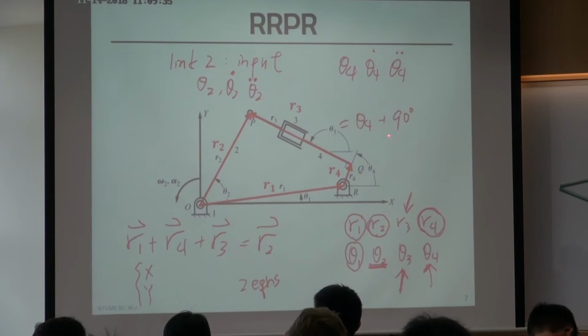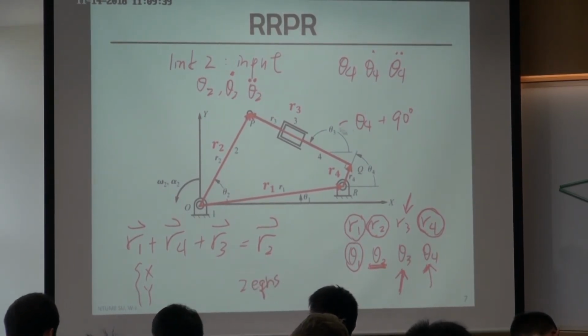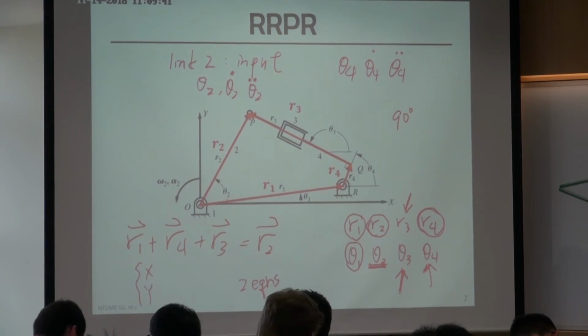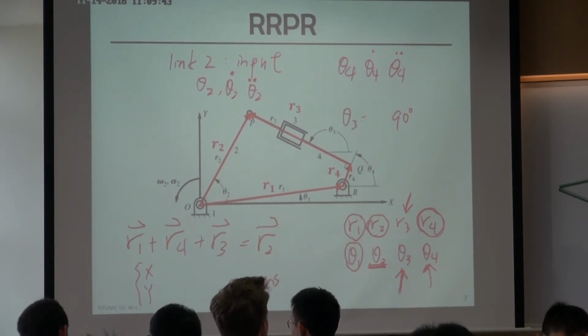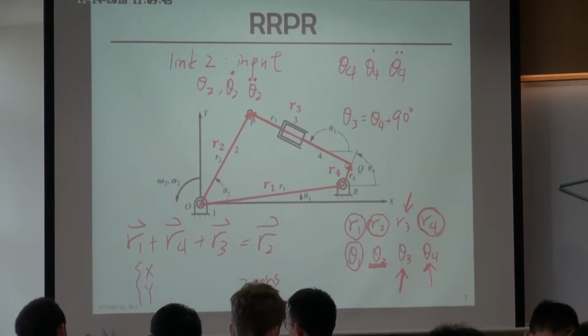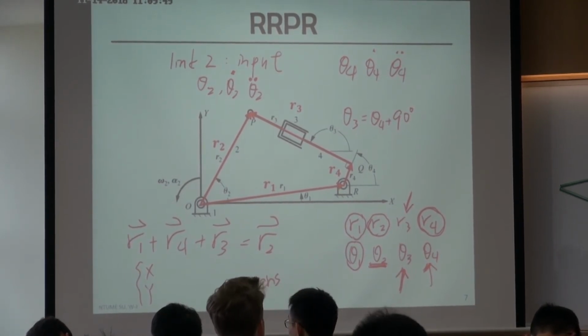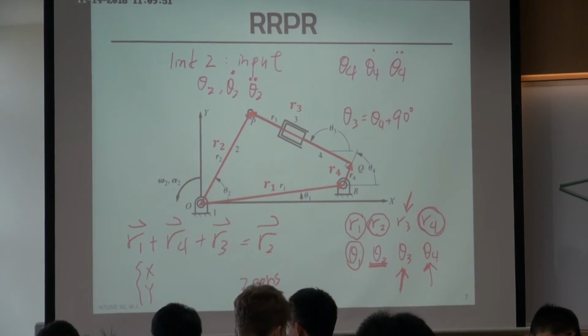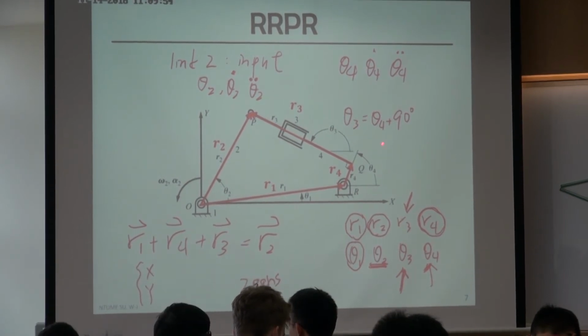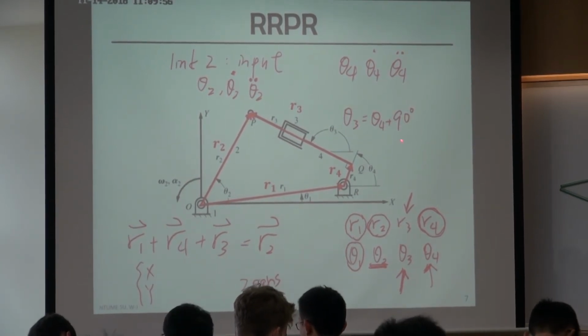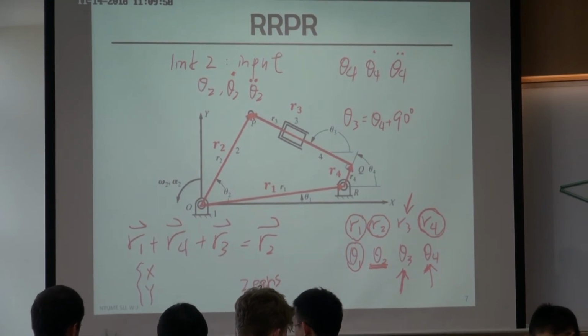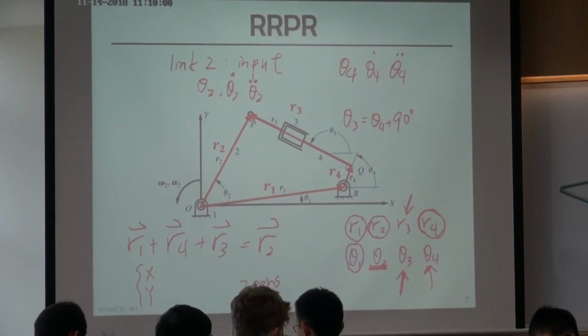So this one is the third equation. So I'll rewrite it. Theta 3 is theta 4 plus 90. So we got three equations to solve three unknowns.